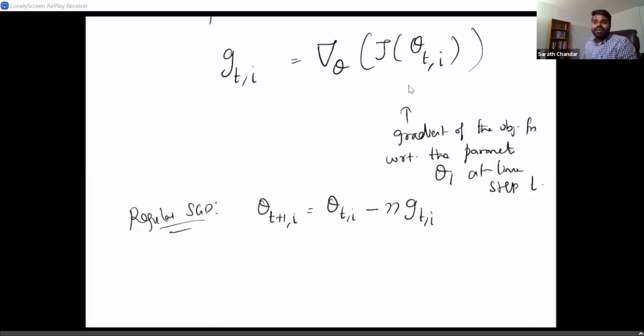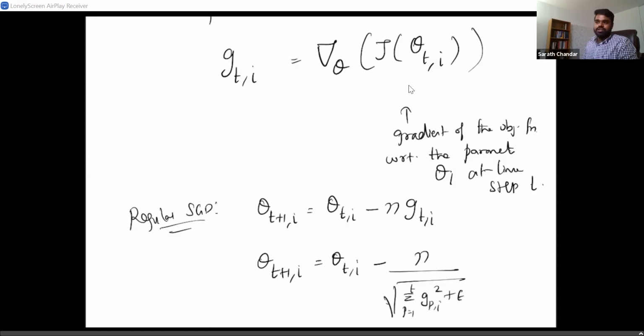Now, what AdaGrad does is automatically tune this learning rate based on the magnitudes of the gradients. So we have theta_{t+1,i} equals theta_{t,i} minus eta divided by the square root of the summation over p equals 1 to t of g_{p,i} squared, plus some epsilon just to make sure it's not division by zero, times g_{t,i}.